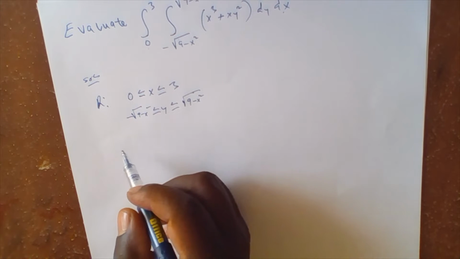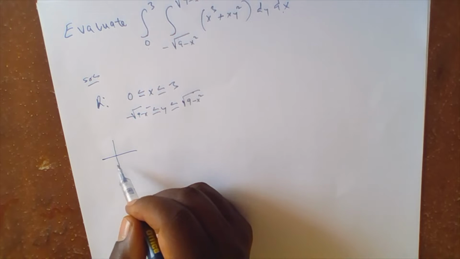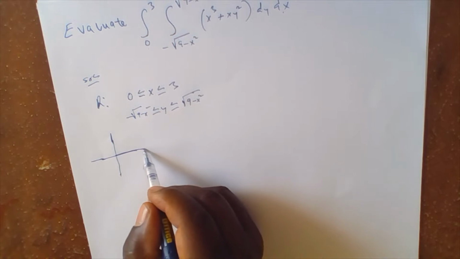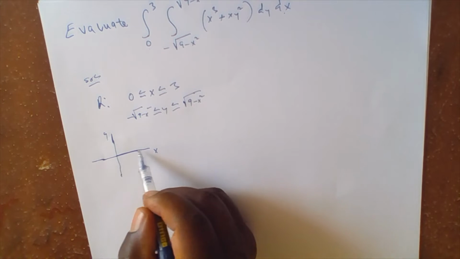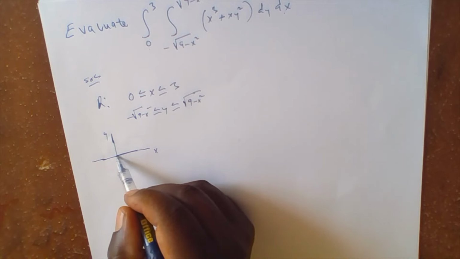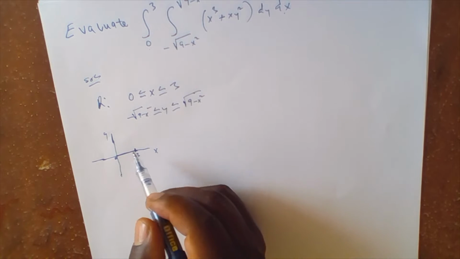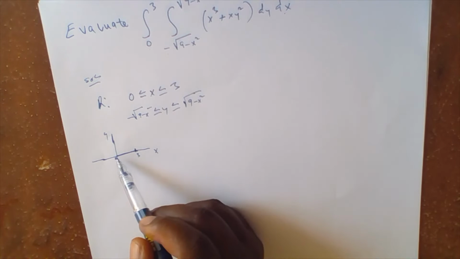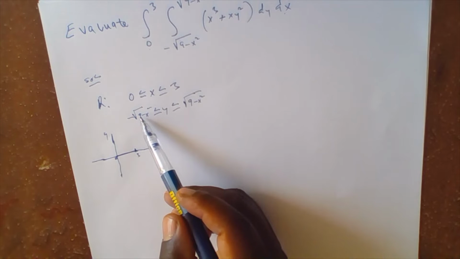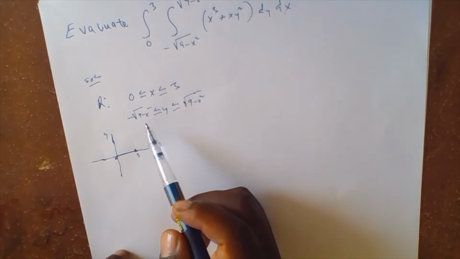Now for x, if this is the xy plane, of course we know that on this side is the positive side of x, and this is the point of origin. So if this is 3, then x is from here up to that point, but then we need to get the value of y.